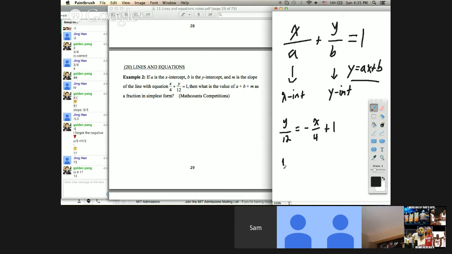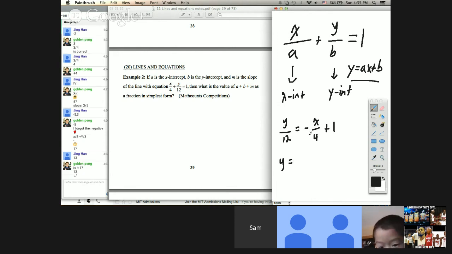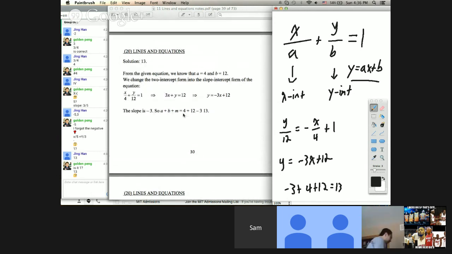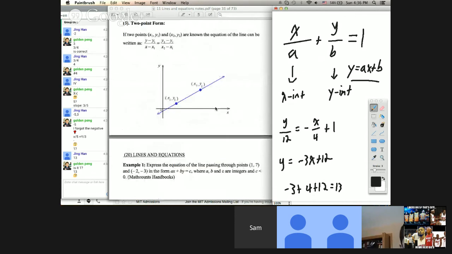So it's just y equals negative 3x plus 12. And then we see the slope is negative 3, plus the two intercepts, which are 4 and 12. And we get 13. So we know that A and B are the intercepts, and then just solve this.